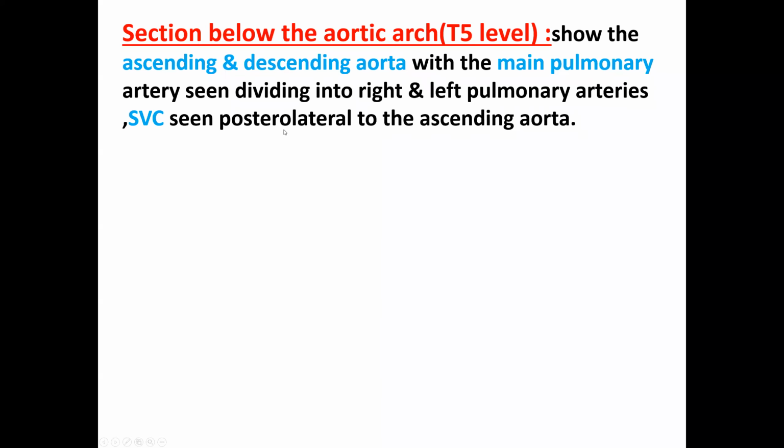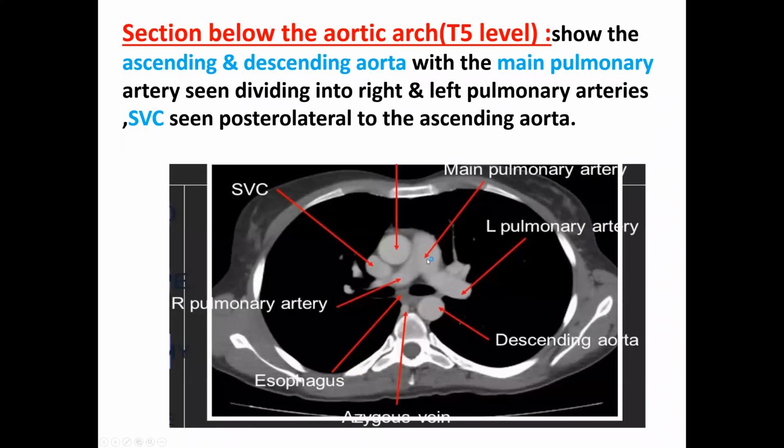Superior vena cava seen posterior lateral to the ascending aorta. This is level T5. The aortic arch was seen at the previous level T4, and here it has divided into ascending aorta and descending aorta, and the pulmonary trunk is seen dividing into right and left pulmonary arteries. The trachea divides into right and left main bronchus, and the superior vena cava remains in the same place to the right.